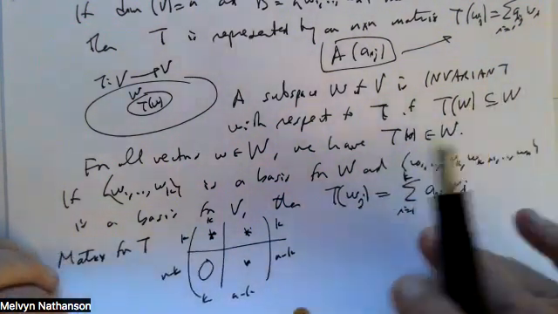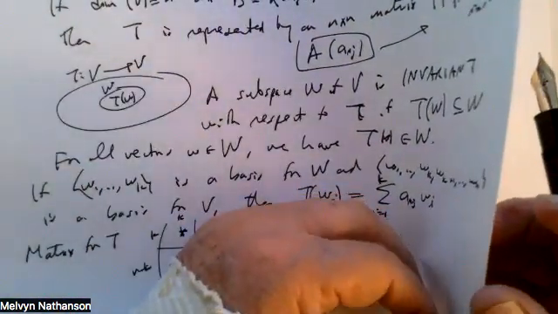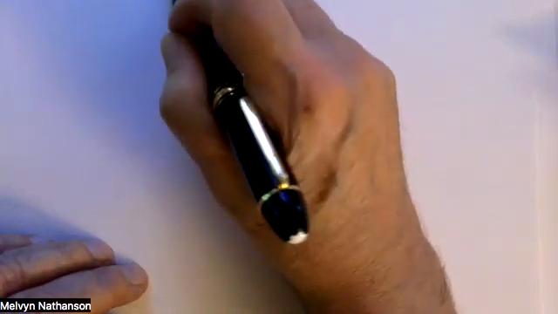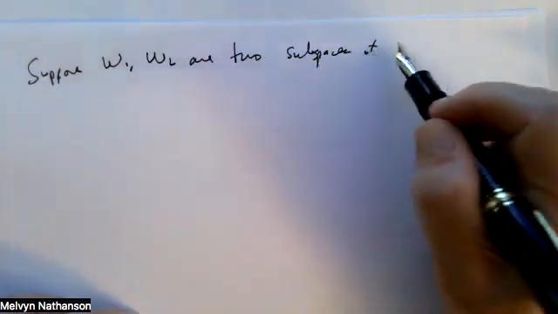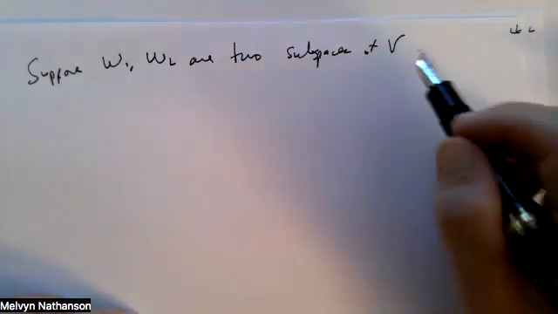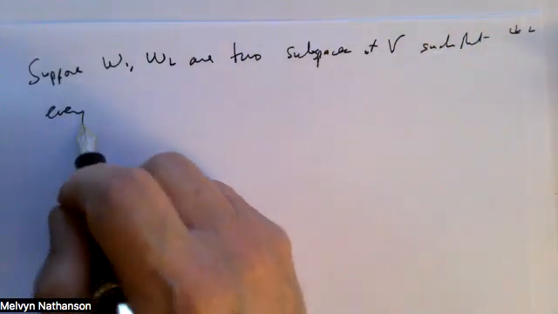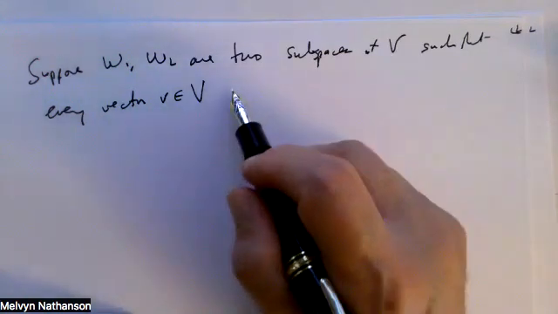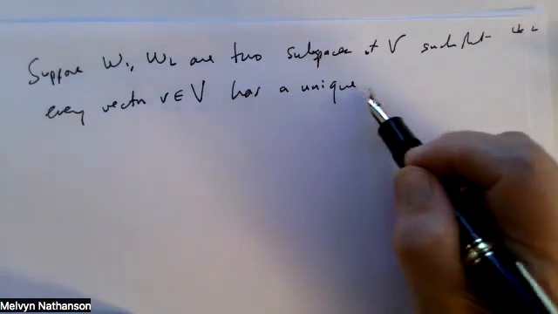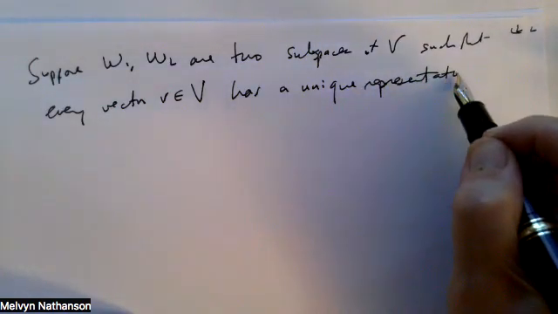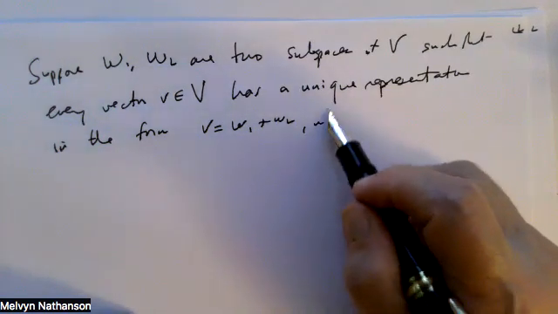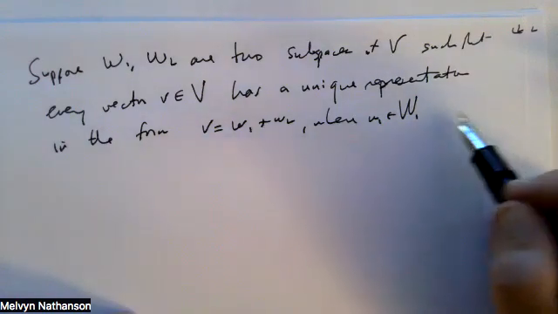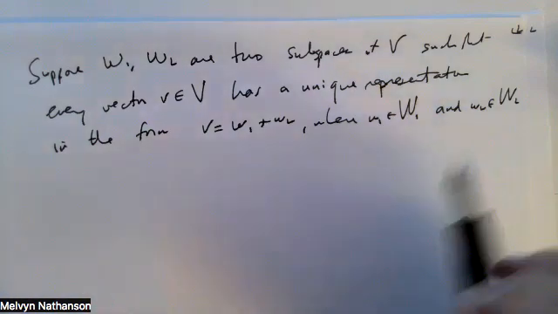And in fact, suppose W1 and W2 are two subspaces of V, such that every vector v in V has a unique representation in the form v equals w1 plus w2, where w1 is in the subspace W1, and the vector w2 is in the subspace W2.